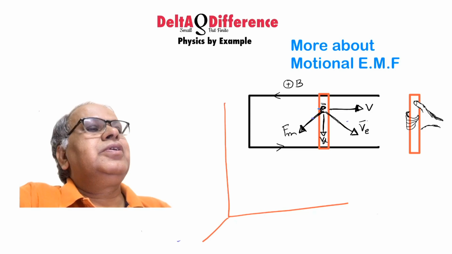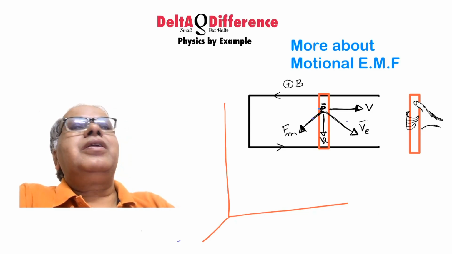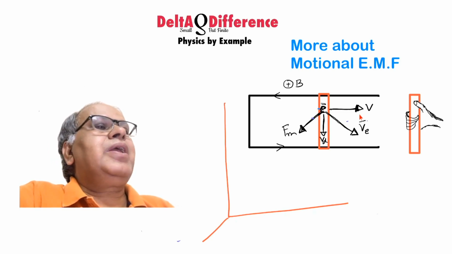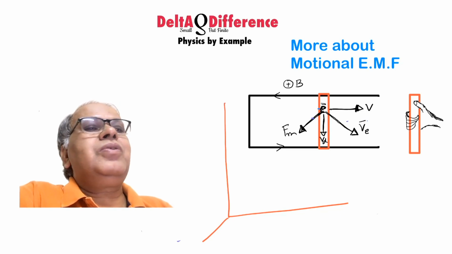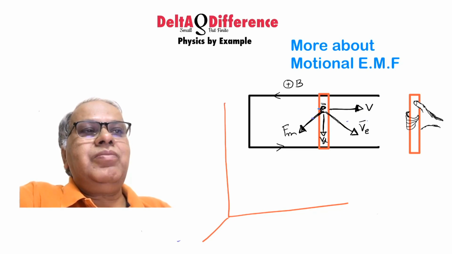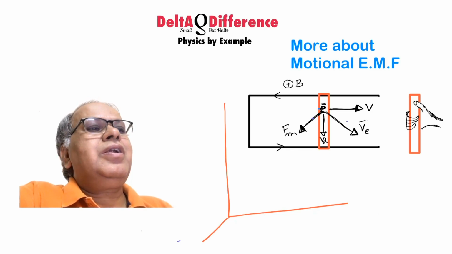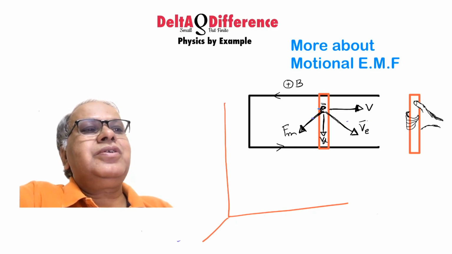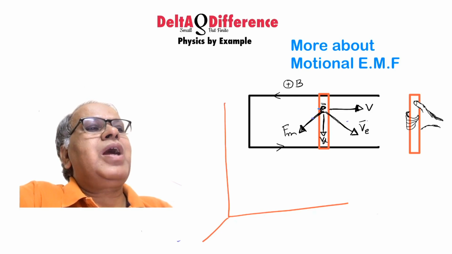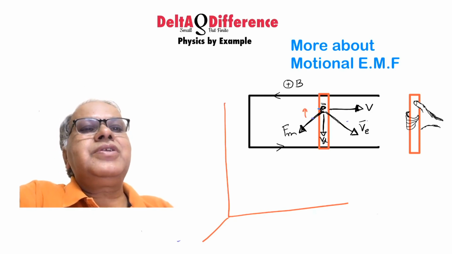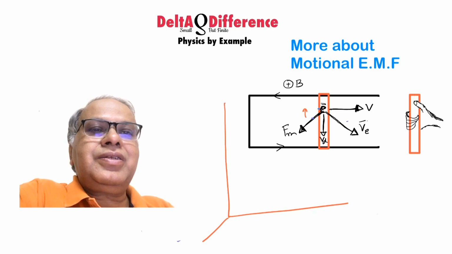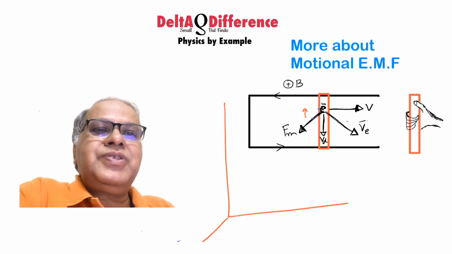Now look, this rod is moving forward, and either by applying Fleming's right hand rule. What is Fleming's right hand rule? You will hold the forefinger into the plane now and thumb in the direction of motion. Then you see the current to be flowing up, which means the electron must be moving down. Isn't it so? The conventional current direction is the direction of motion of positive charges.